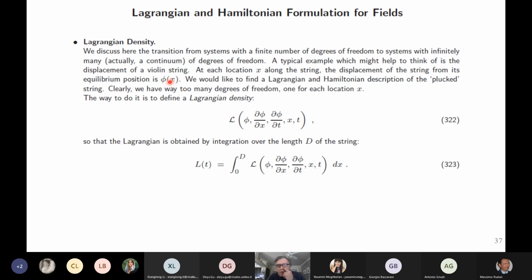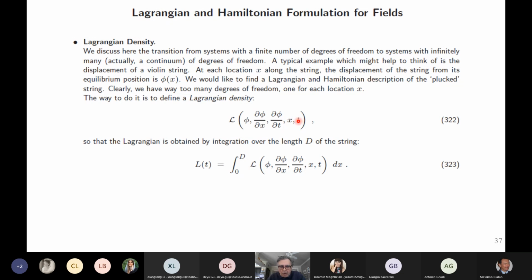Now I replace that i with a continuous variable, x, and I want to find a Lagrangian, which is a function of the coordinate phi, its displacement, its velocity, so to speak, which is the q dot, and then in principle it can depend explicitly on the position and on time. Might be a potential, this might be the strain that I have on the string.